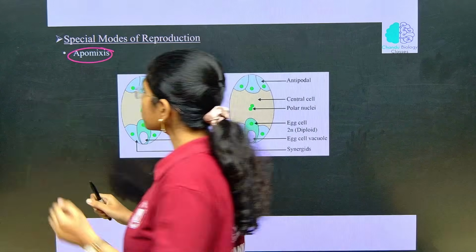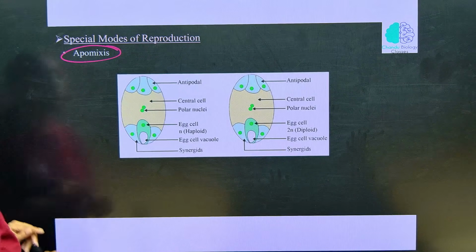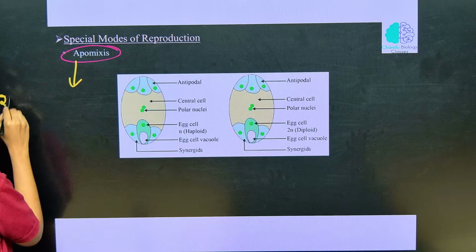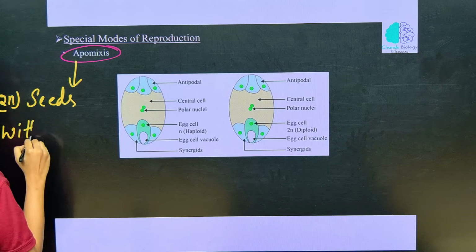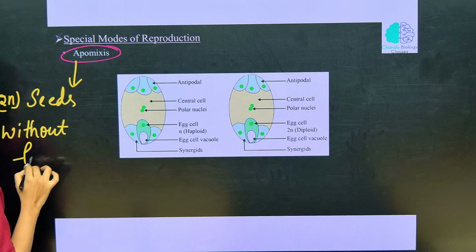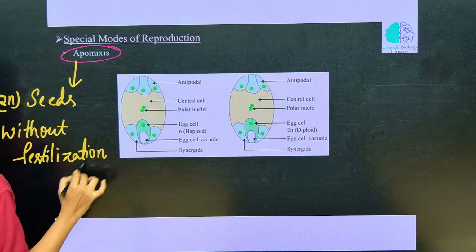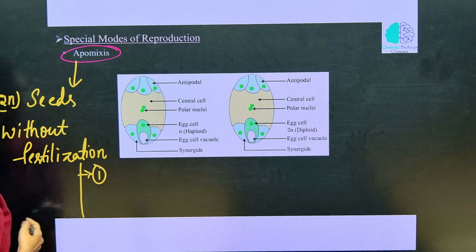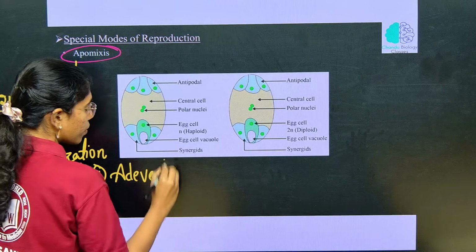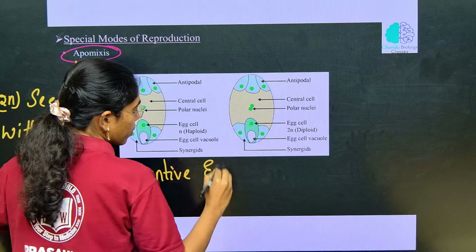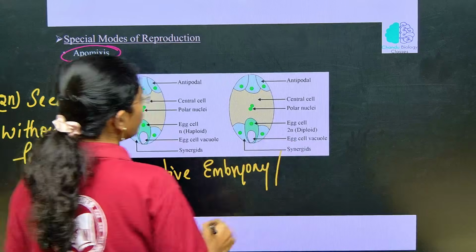Apomixis is a concept or phenomenon which mimics sexual reproduction. This gives rise to diploid seeds without fertilization. And this is of two types. One is known as adventive embryony or sporophytic budding.